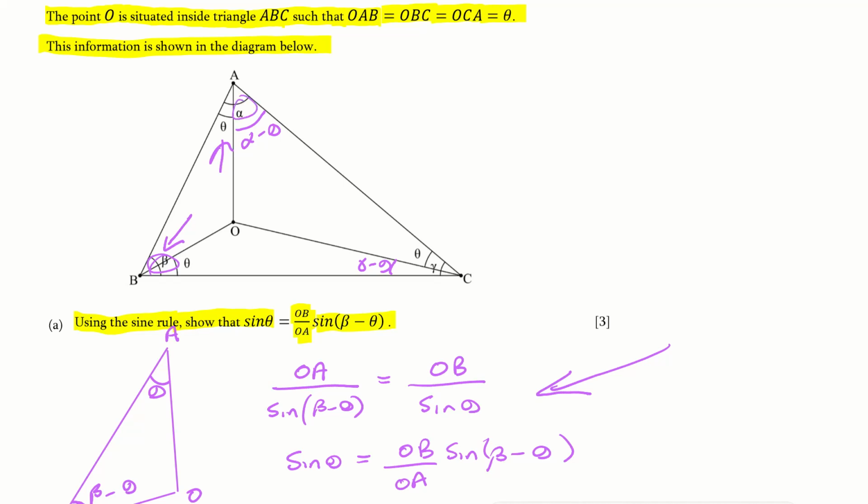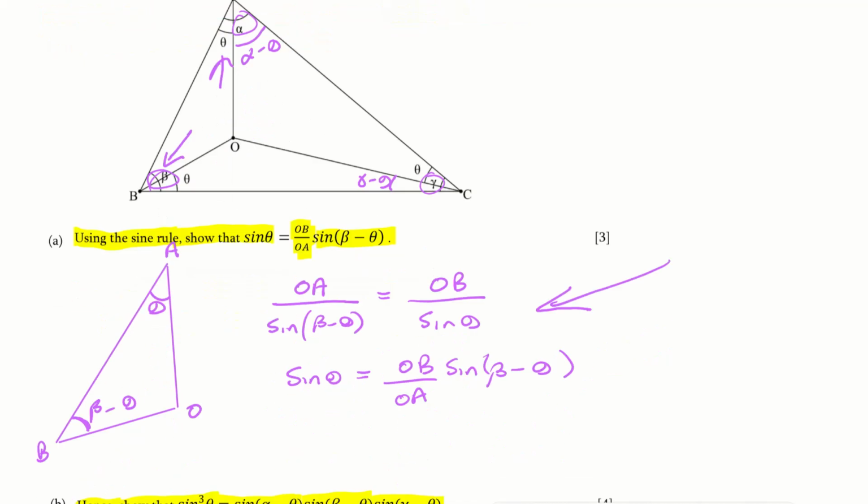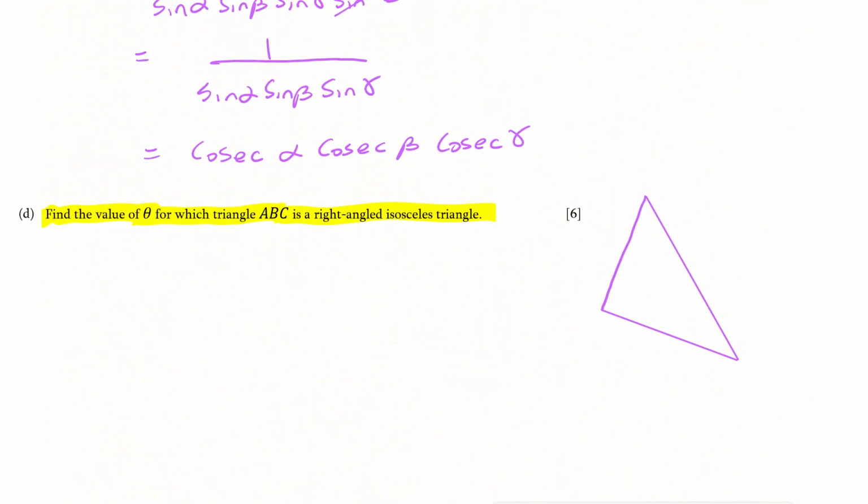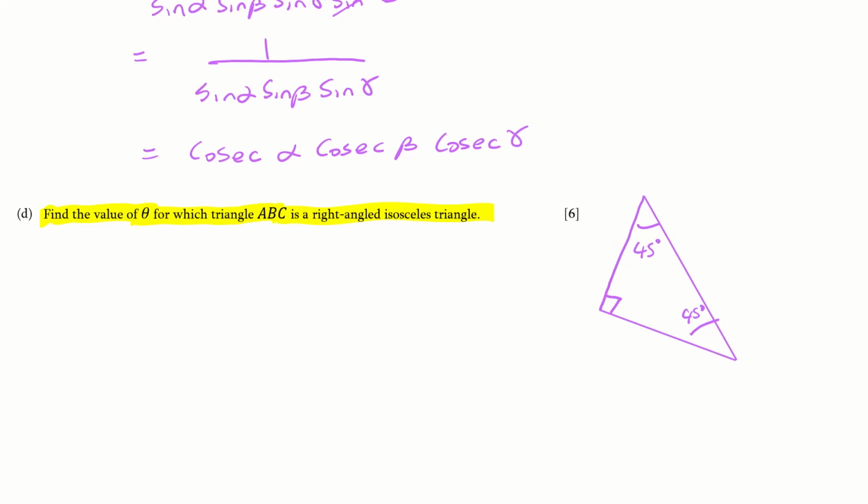That would then make alpha and gamma 45 degrees. So we're going to make this one a right angle, and those two, if it's isosceles, will then be 45. So I'm going to let beta be equal to 90 degrees and alpha equal to gamma equal to 45 degrees.